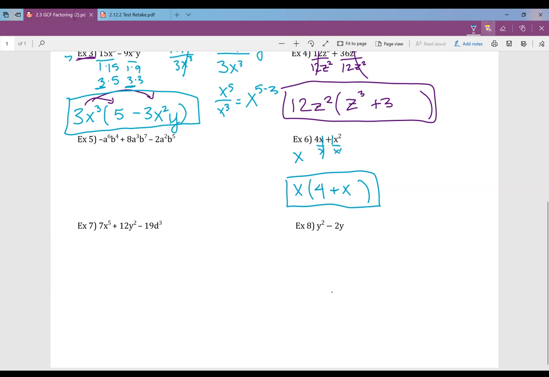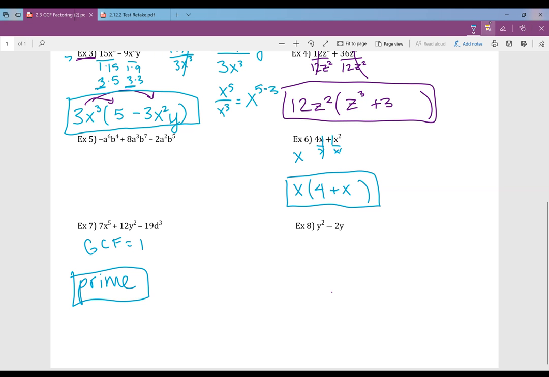We have x to the 5th, y squared, and d cubed. So the only thing that they all have in common is 1, which means that this is prime. We cannot factor it. So if you can't pull anything out, they don't have anything in common, then it's prime.